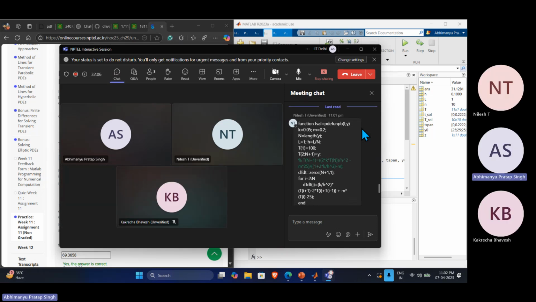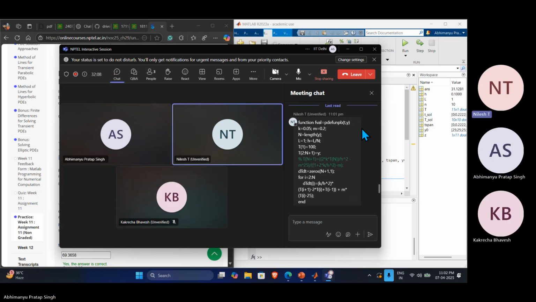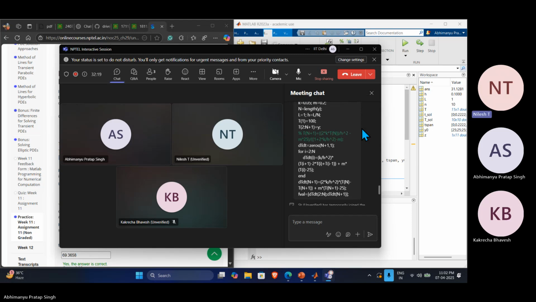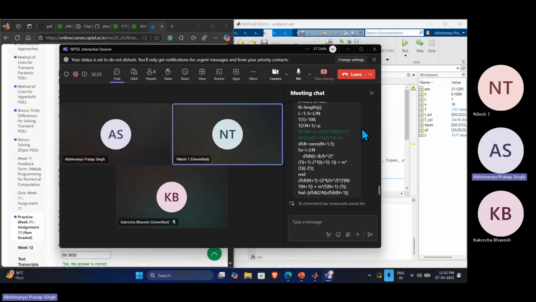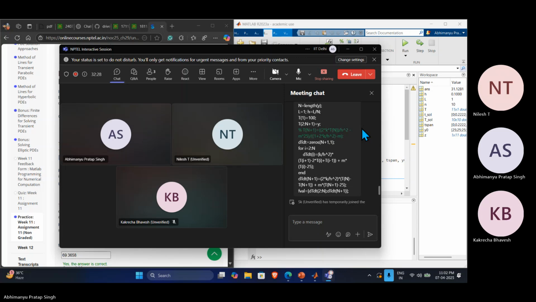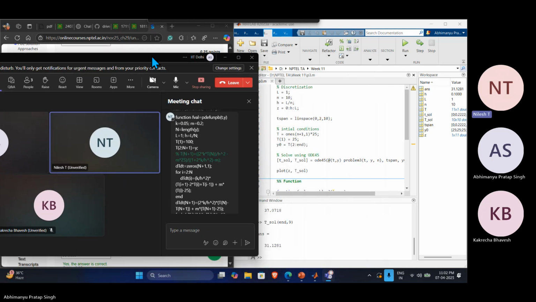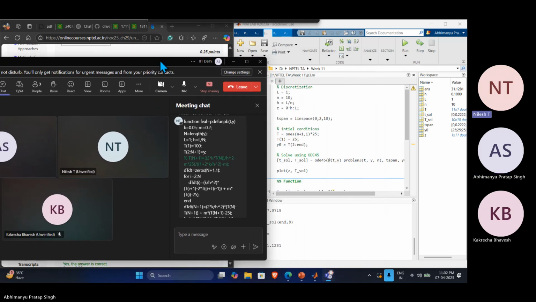The PDE function, 100 square into T i plus 1 minus 2 T i plus T i minus 1, 0.2.